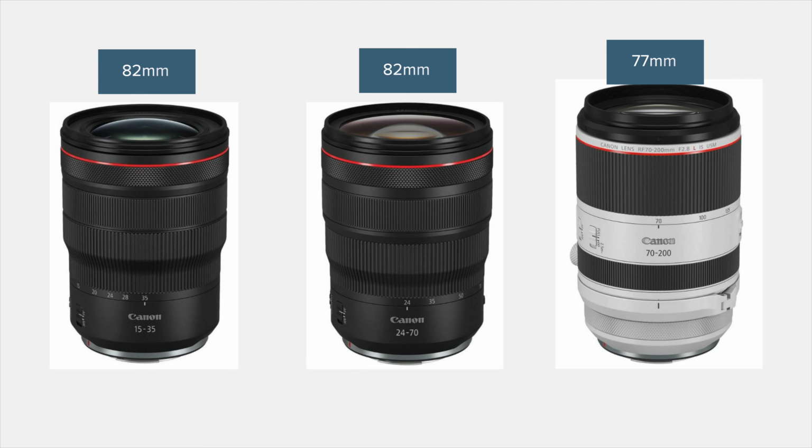The third important consideration before buying a filter is the filter size, especially when you get a screw-on filter. Find out your lens thread diameter and get the filter with the same size. One way to save money is to get the filter for the largest lens you have. For example, 2 of my Canon lenses are 82 millimeters in diameter.